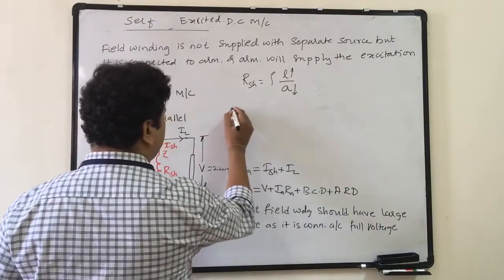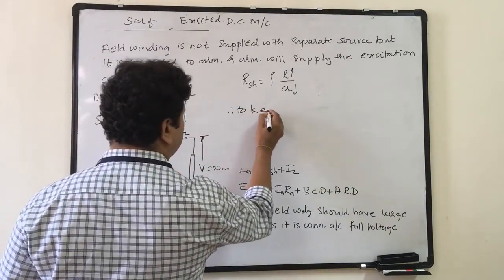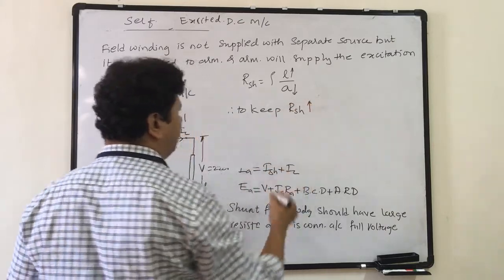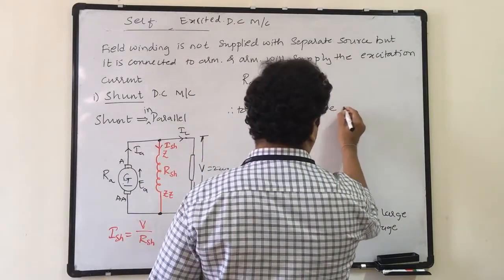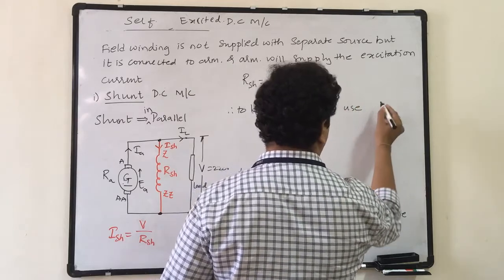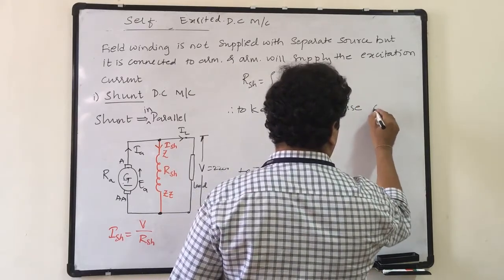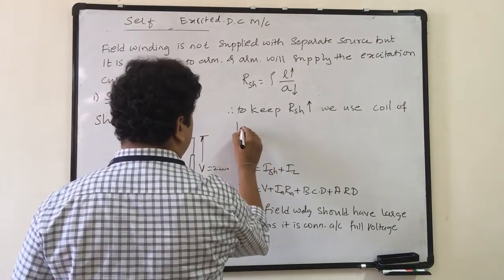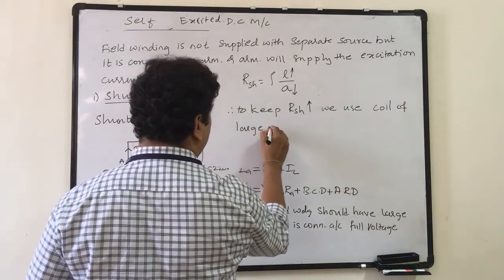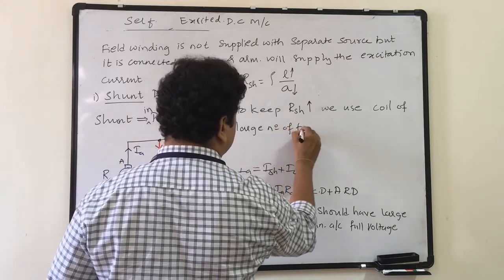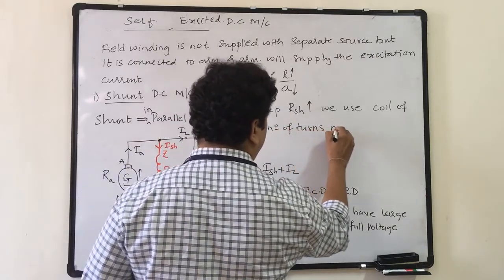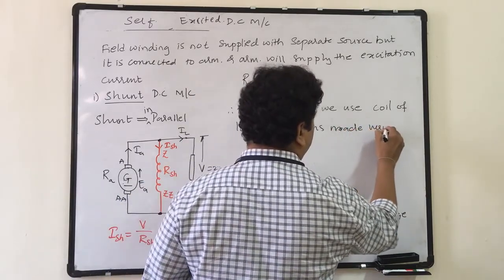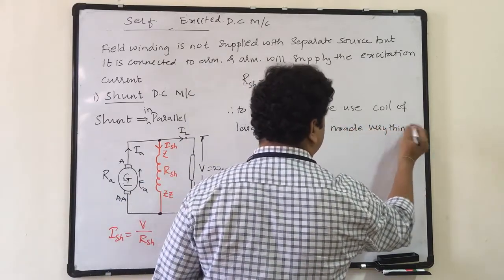Therefore, to keep RSH very high, we use a coil of a large number of turns made of very thin cross section.